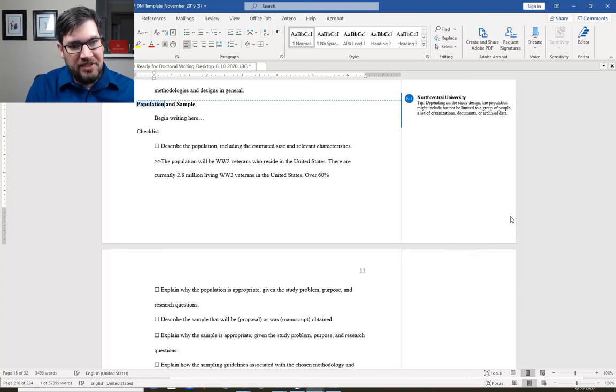Over 60%, or let's say 90%, of the population is aged 65 or older.